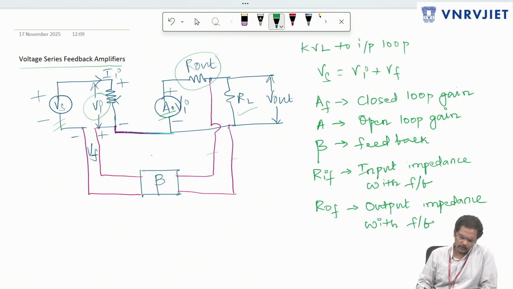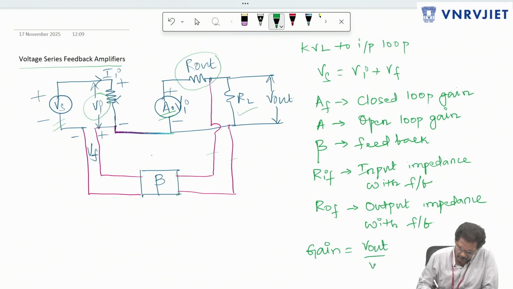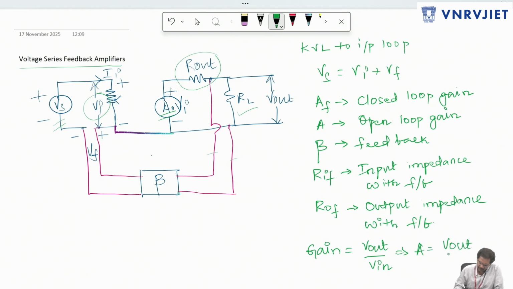Now again, we all know that the gain is always output by input, right? So I'll write A as Vout by Vin.